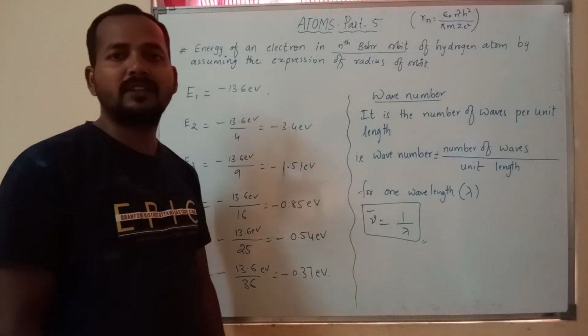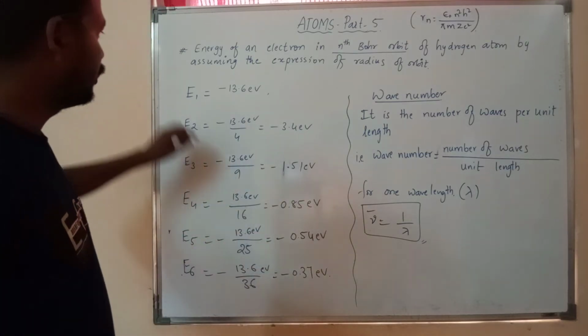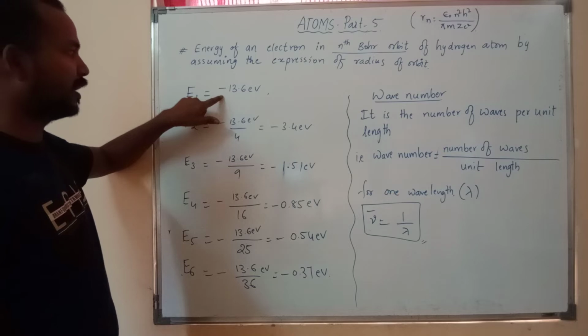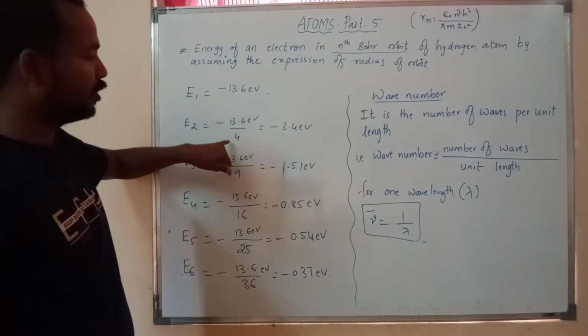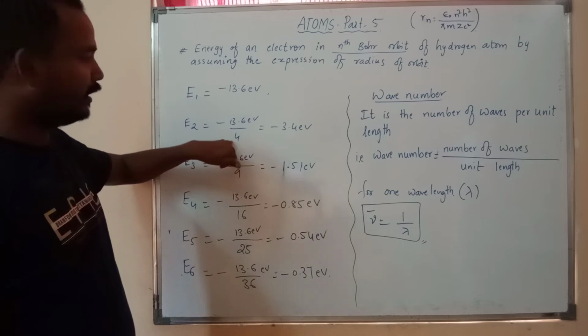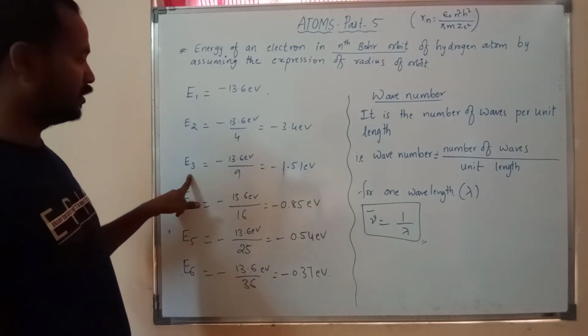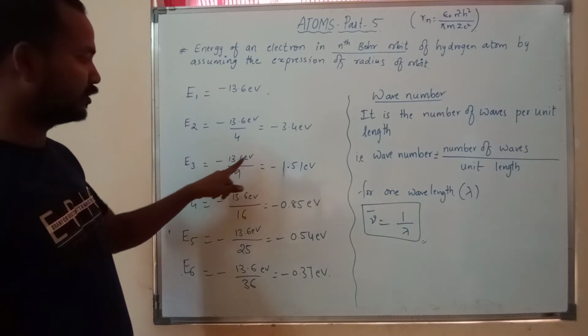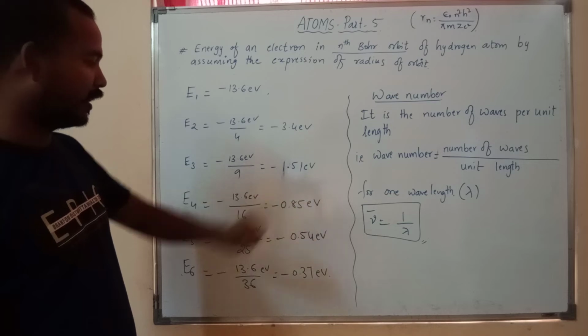So we can find out the energy of an electron in different orbits. The first orbit energy of an electron is minus 13.6 electron volt. The second orbit is minus 13.6 upon 4, which is minus 3.4 electron volt. The third orbit energy of an electron is minus 13.6 electron volt divided by 9, which is minus 1.51 electron volt.